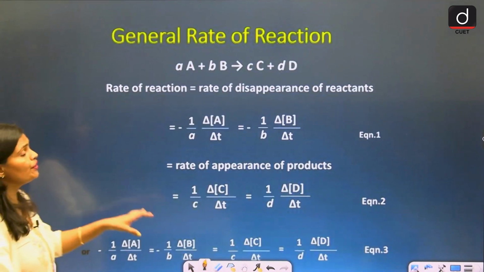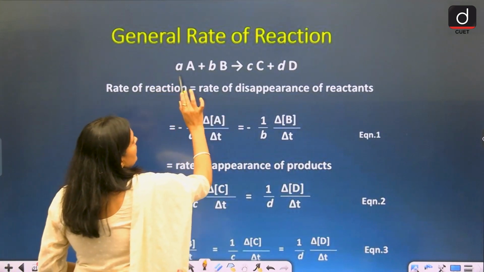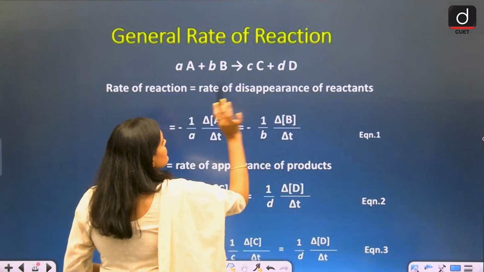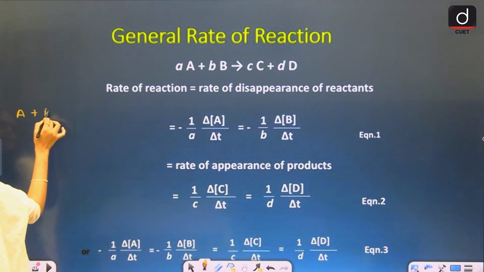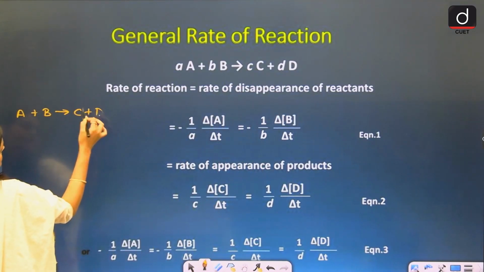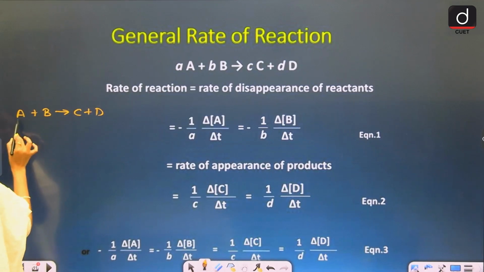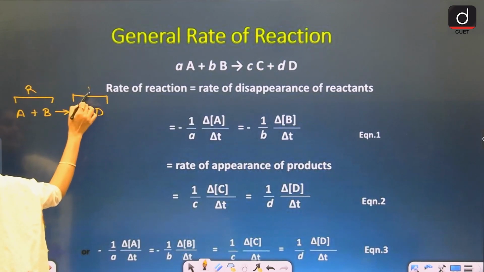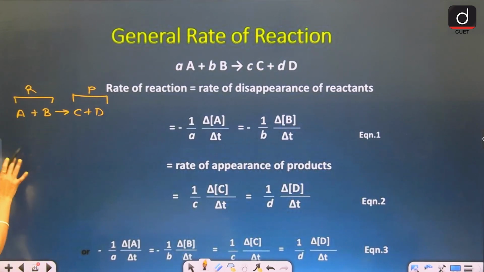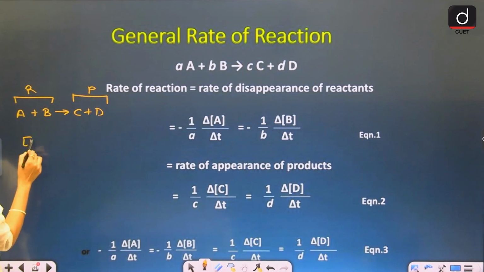Now, how are you going to write down the rate of reaction? Suppose this is the general reaction, A plus B gives C plus D. A and B are the reactants. C and D are the products. So what is the rate law equation?